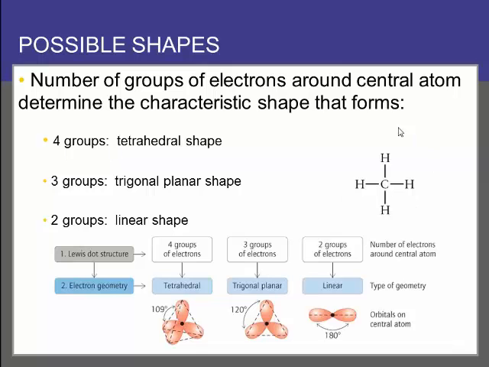If we have 4 groups around our central atom, 4 electron groups, such as we have in methane here, we have 4 CH bonds, and those are considered electron groups. There are 4 of them. That leads to a tetrahedral electron geometry. And that has 109 degrees between the HCH bond angle.